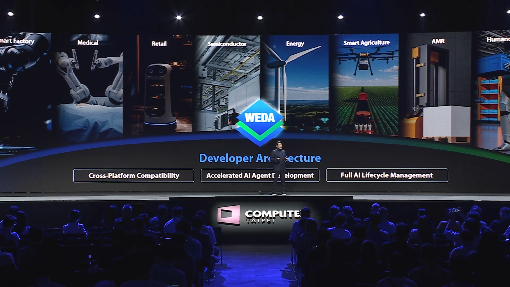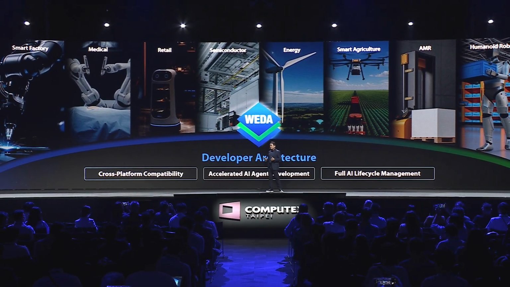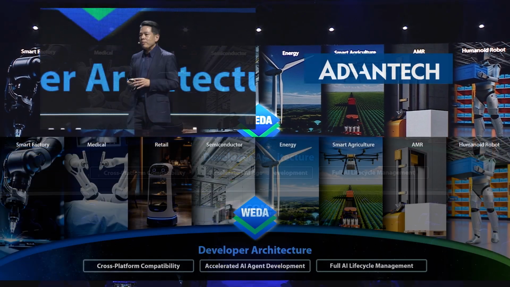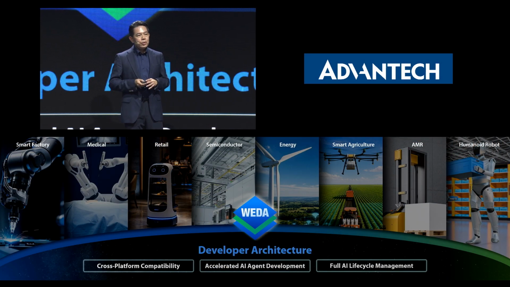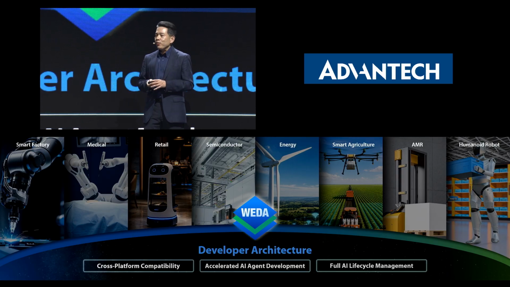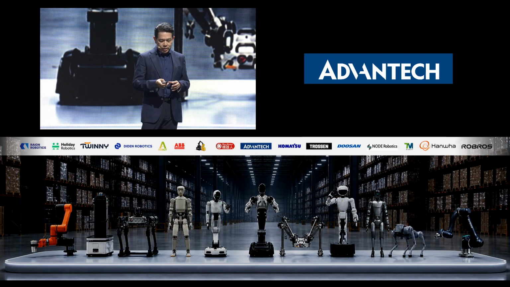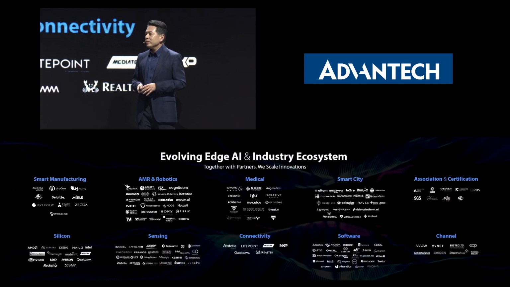So how do we realize physical AI adoption across industries? Still the first topic at the beginning. We need the edge hardware. We need the WEDA software. And we also need the ecosystem and partnership.